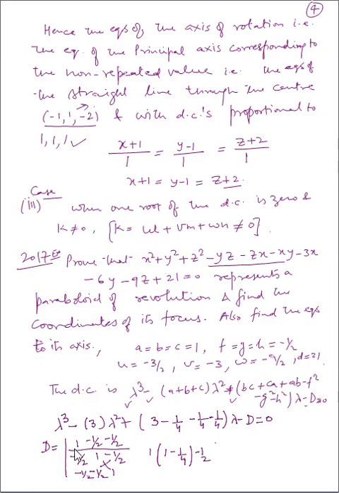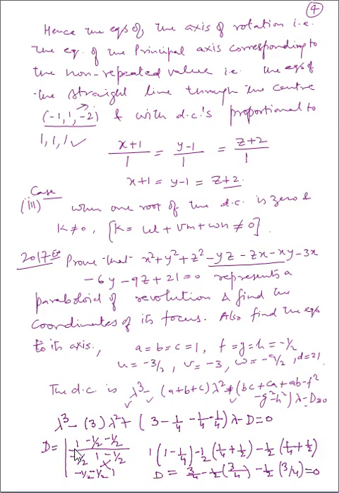So minus 1 by 2, 1 by 4 plus 1 by 2, minus 1 by 2, 1 by 4 plus 1 by 2. So this is equal to basically 3 by 4 minus 1 by 2, 3 by 4 minus 1 by 2, 3 by 4, is equal to 0. So D is equal to 0.